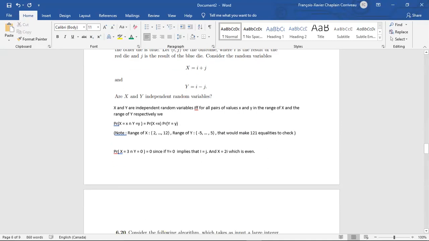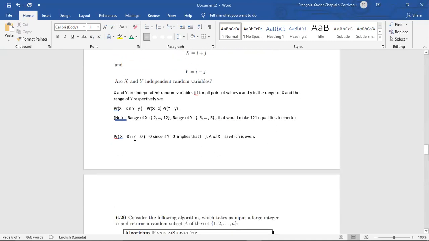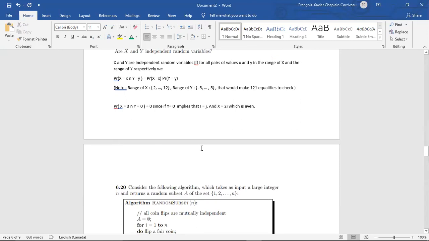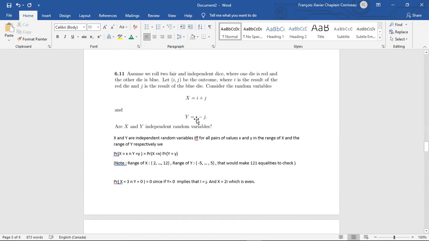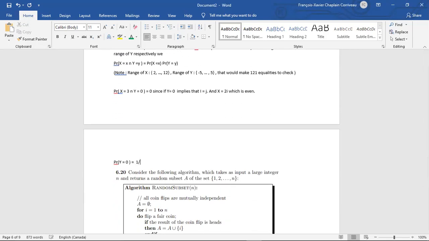And now, you just conclude with these two other things. The probability that Y is equal to 0 is equal to what? If Y is equal to 0, you have the same numbers. So that's 1 over 6. And the probability that X is equal to 3, that's 2 outcomes out of 36.